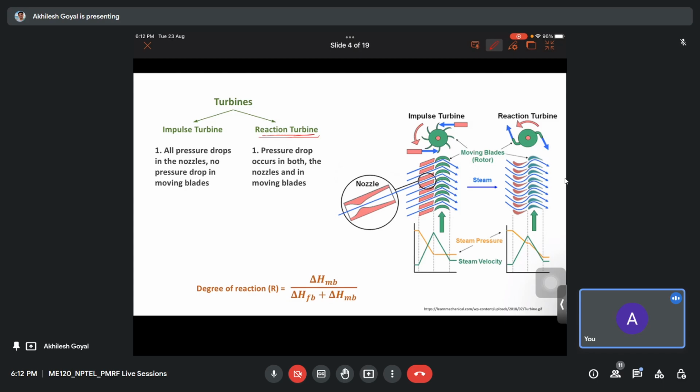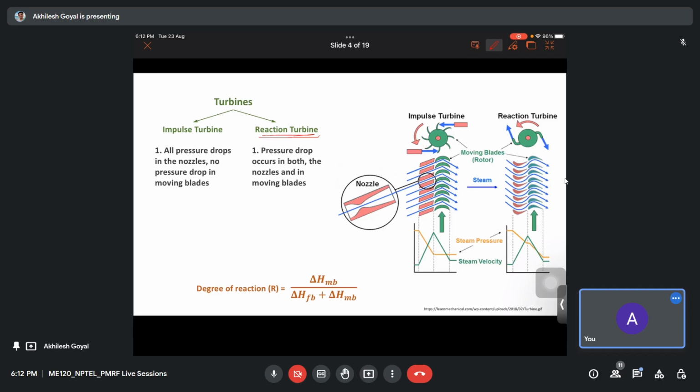Okay, so actually the reaction turbine is an impulse reaction turbine because the work we get from it consists of the work transferred through the high velocity steam jet, as well as the reaction from the expanding steam coming out from the moving blades.